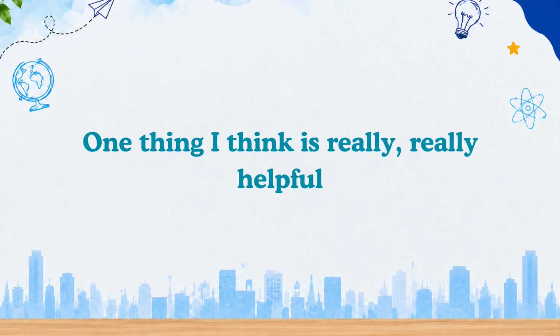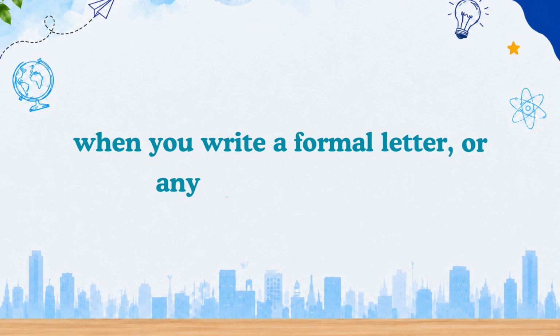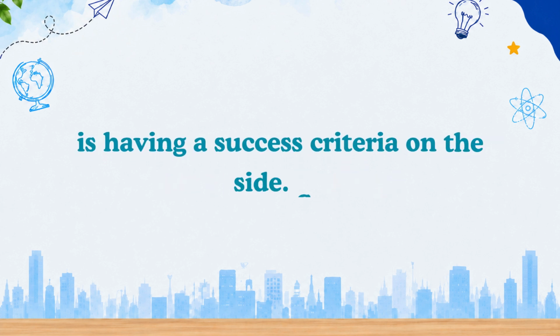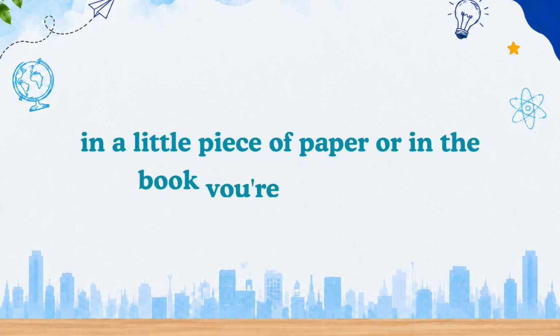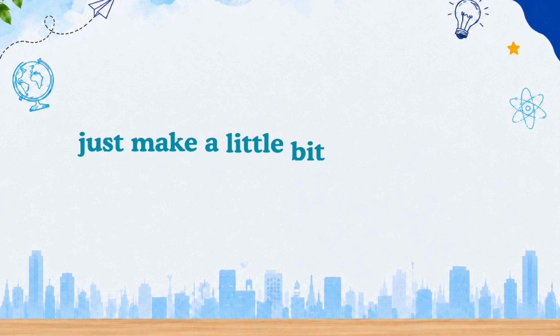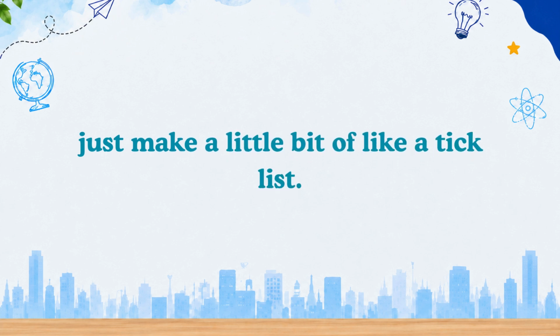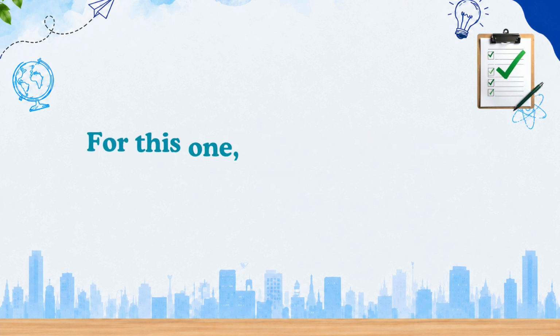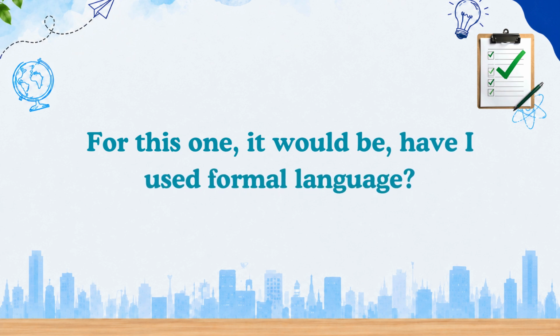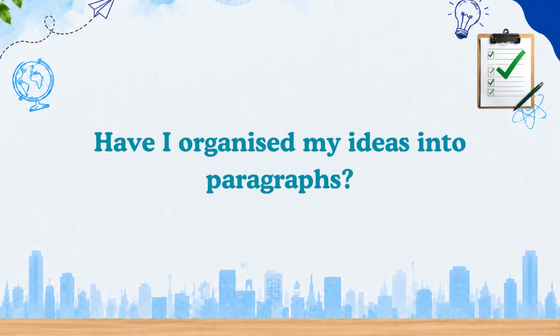One thing I think is really helpful when you write a formal letter or any piece of writing is having a success criteria on the side. So on a little piece of paper or in the book you're writing in, just make a little tick list. For this one, it would be: Have I used formal language? Have I organized my ideas into paragraphs?